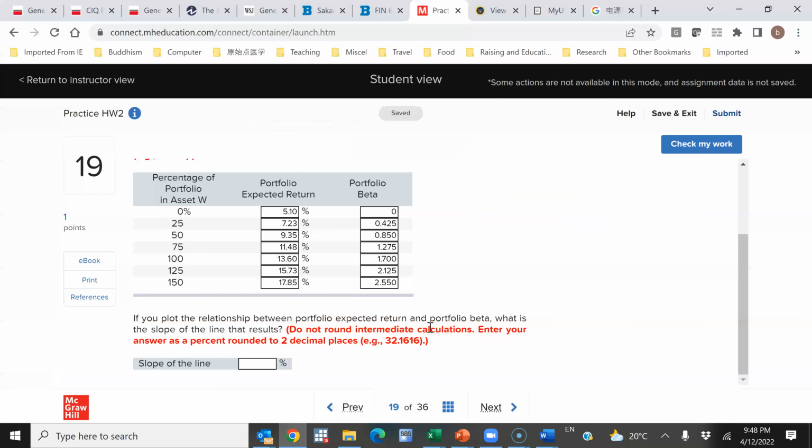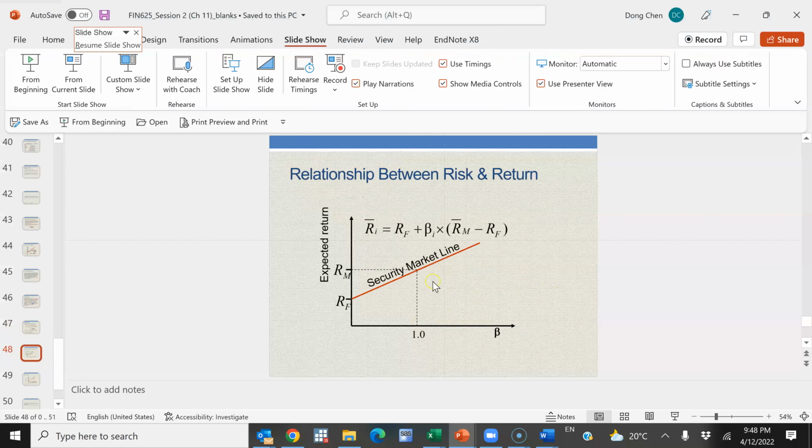Regardless of whether it's an individual asset or portfolio, that security market line will be the same. And we know that beta is the horizontal axis, and Ri is the vertical axis. So the slope of this security market line will simply be the term within this parenthesis, which is the market risk premium, right?